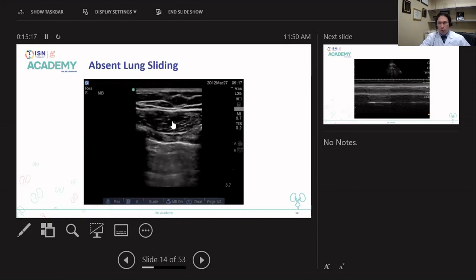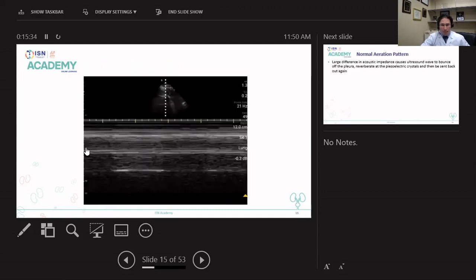As opposed to absent lung sliding. So here we see that the only motion is attributable to these respiratory muscles that are trying to move, but the pleural line itself is static. And so when we throw the M mode through that, we see the barcode sign or the stratosphere sign.